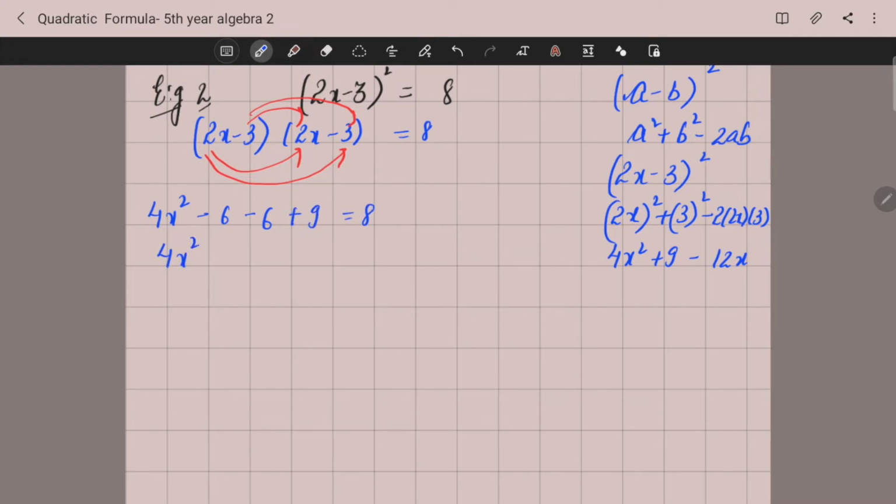So 4x square minus 12x plus 9 is equal to 8.